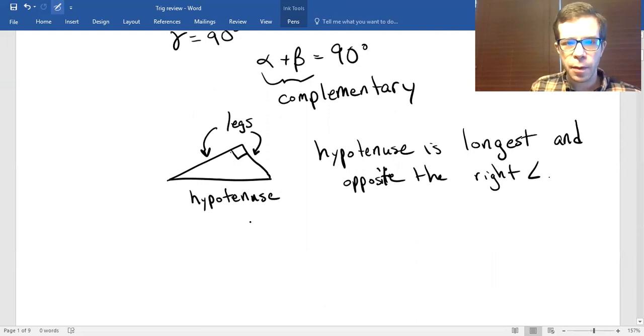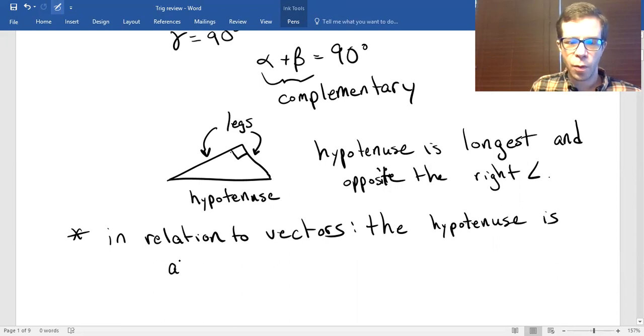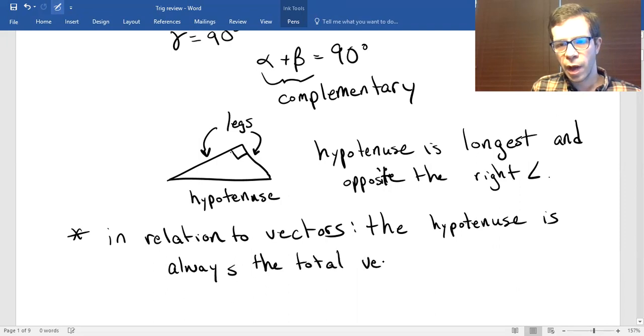All right. What do I want to say about this in relationship to vectors? The hypotenuse is always the total vector magnitude.